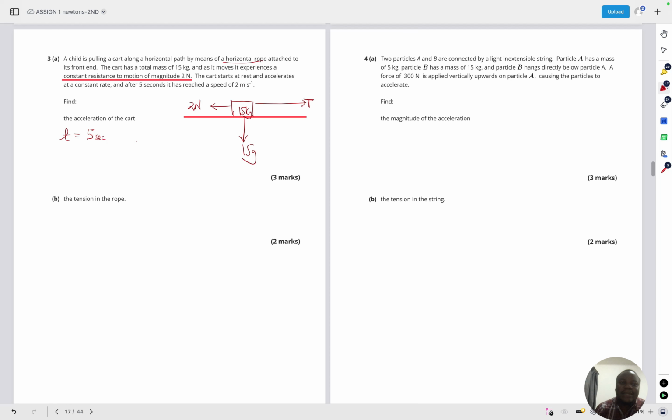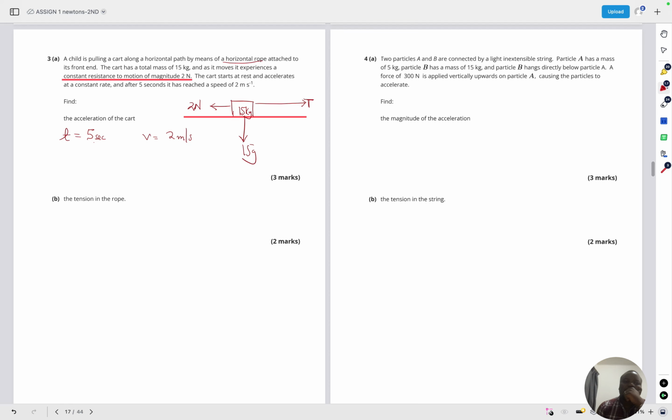And then they say acceleration, no, not acceleration. We are also told that the speed, which is velocity now, our v is 2 meters per second. Find the acceleration of the cart.